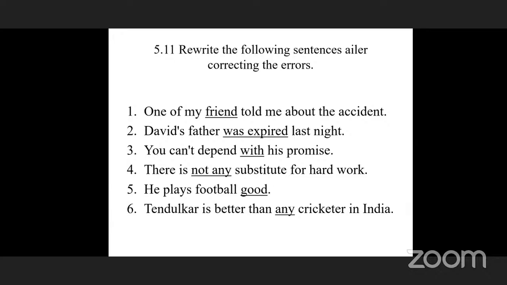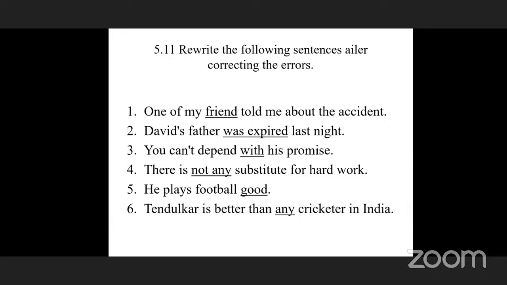What is the right form? One of my friends. The answer is: one of my friends told me about the accident. So you need to rewrite the entire sentence by correcting the particular word. After correcting the sentence, you need not underline it again. Okay. So remember that one.